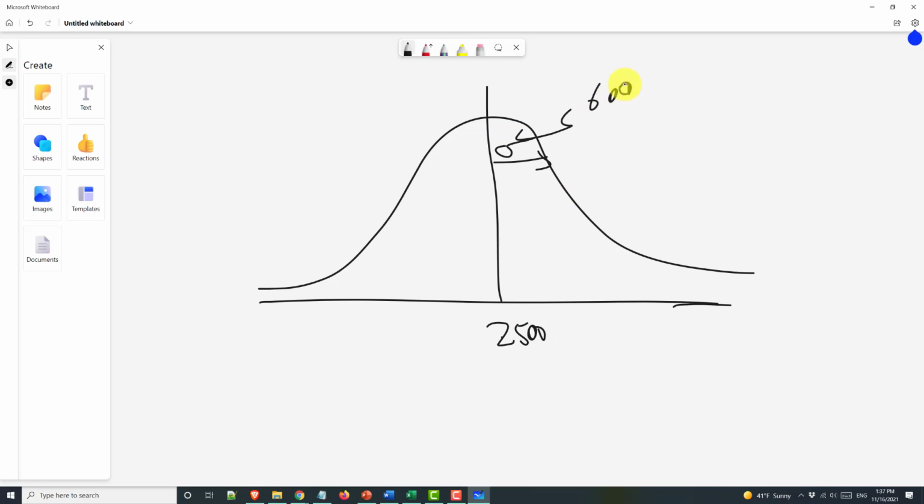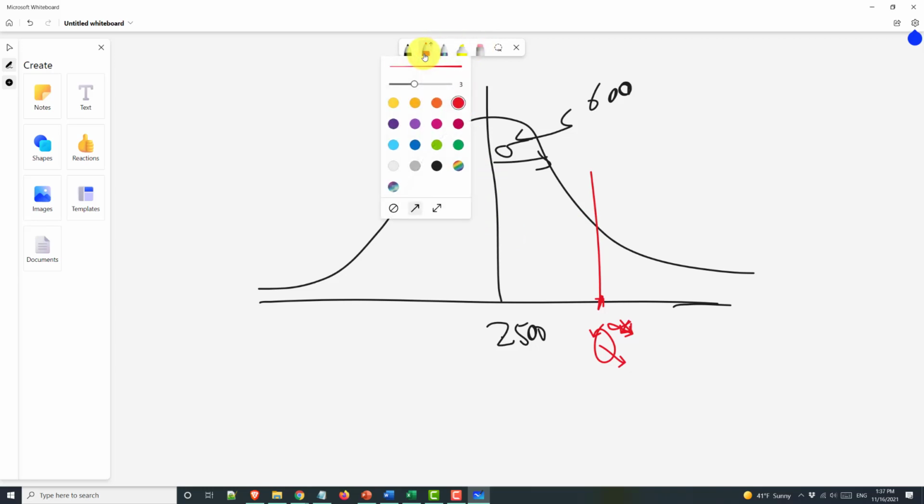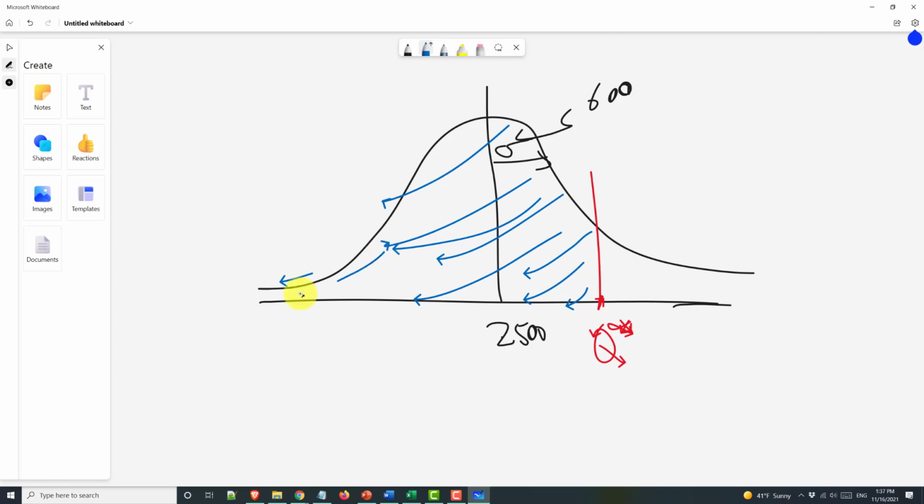Okay, and so we want to order a quantity Q star, such that the probability of being equal to or less than Q star is 70%. So you're going to be below on this side, this shaded area, which is the probability, has to be 0.71.